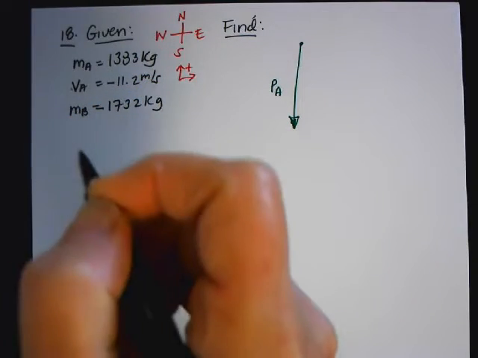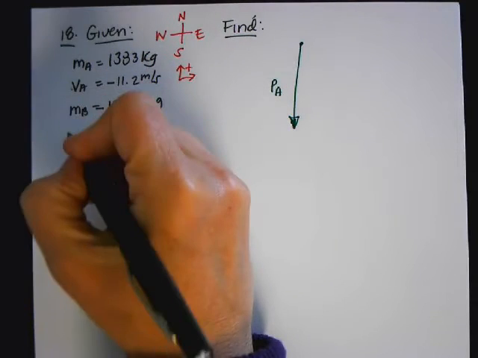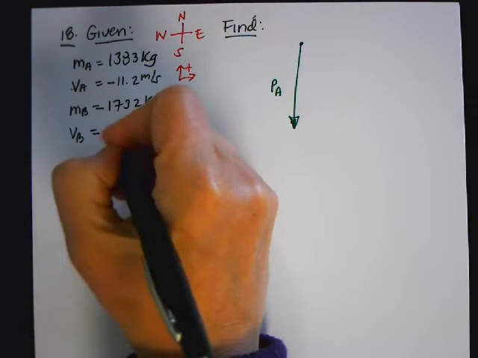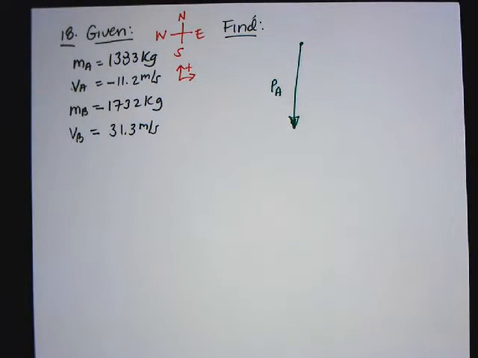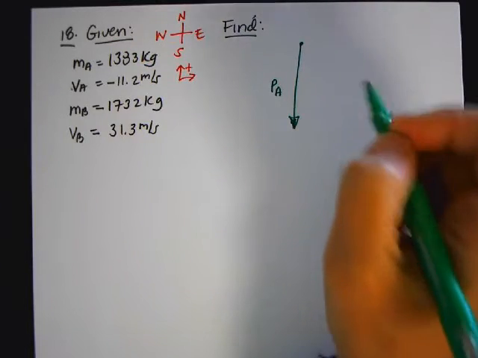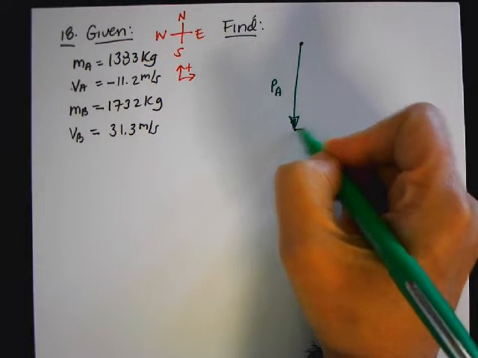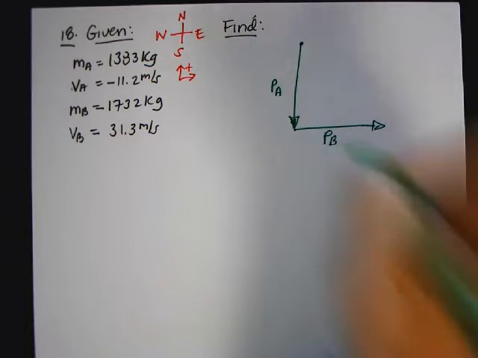That's moving east at 31.3 meters per second. So east is to the right, so that's going to be positive. Now they said it's moving east, so when I add my vectors, vectors are added head to tail. So from the head of this vector, I do the tail of the other, and this is PB.